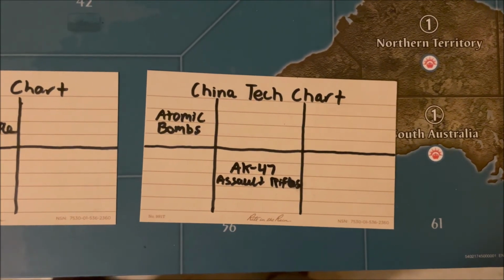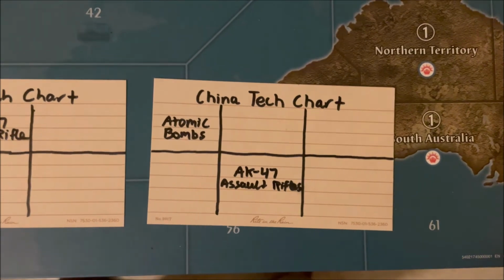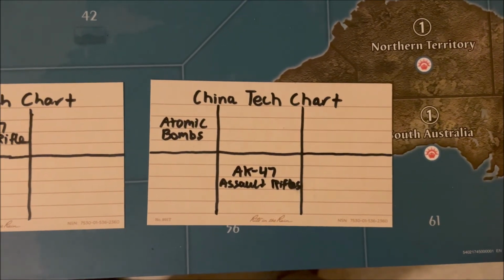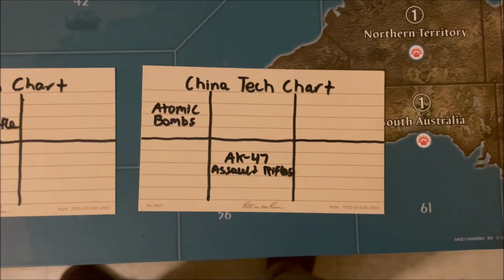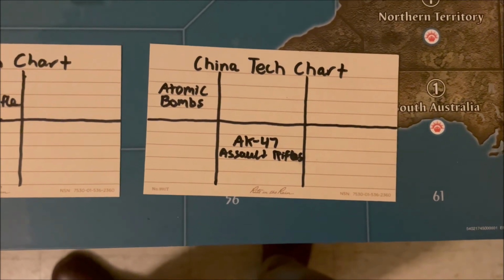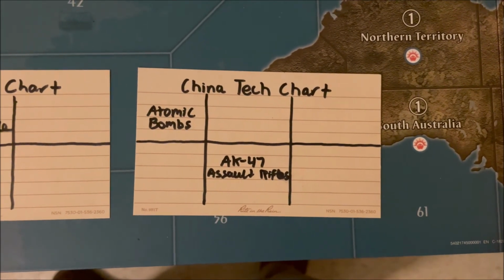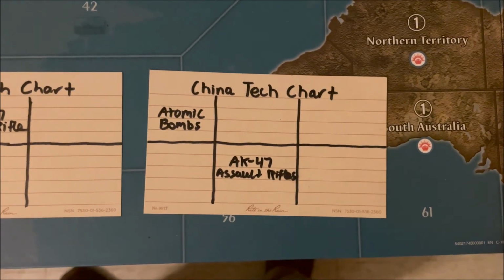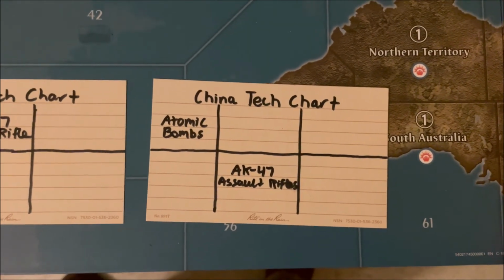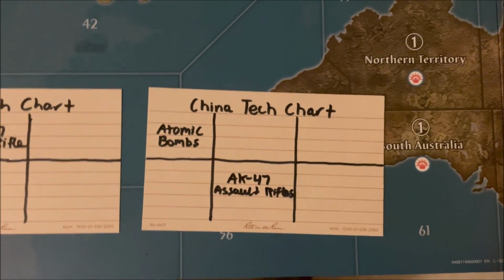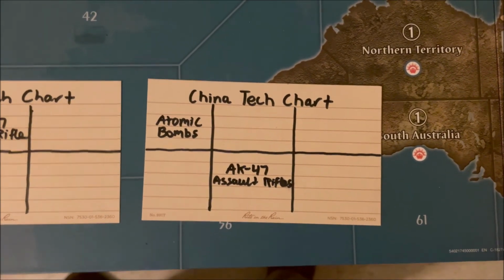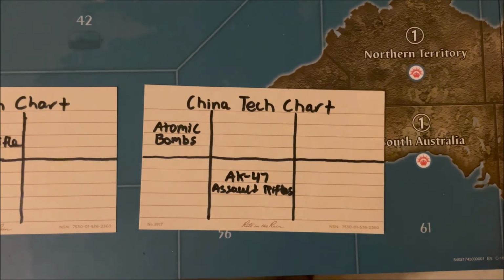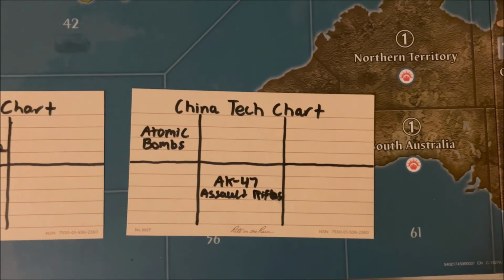AK-47 rules are the same as the Soviets. However, China cannot research AK-47s until the Soviets have successfully researched AK-47s, because obviously the Soviet Union supplied China with AK-47s. So it wouldn't make sense for China to research them when they were a Soviet invention.